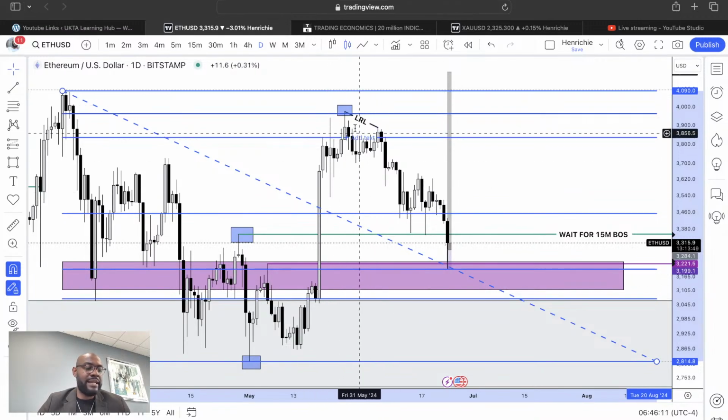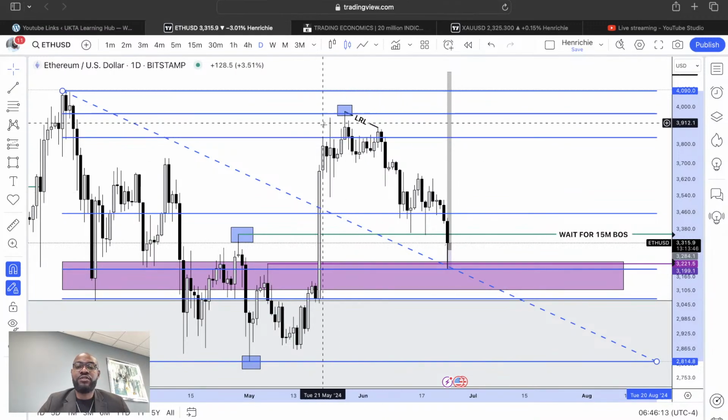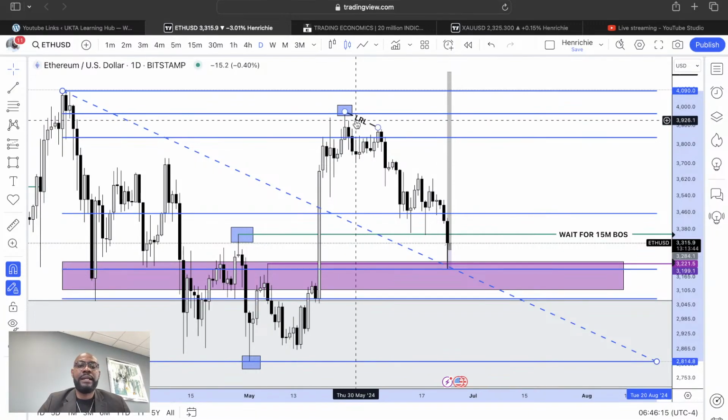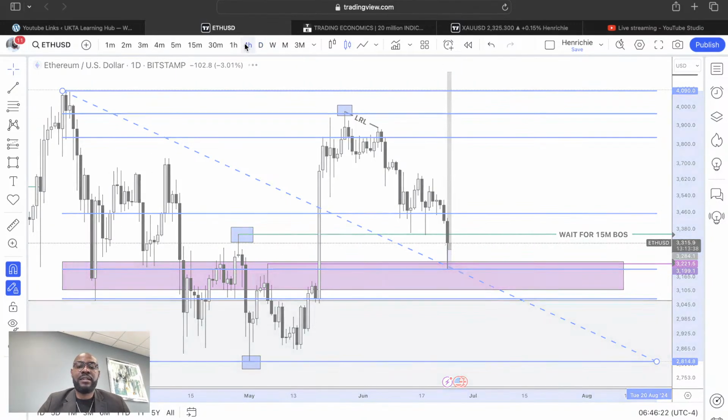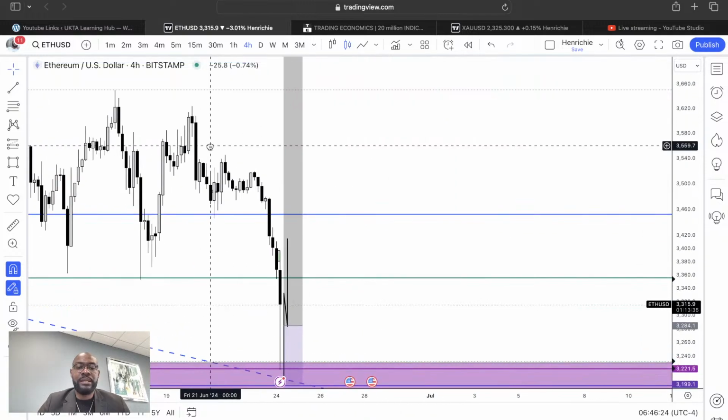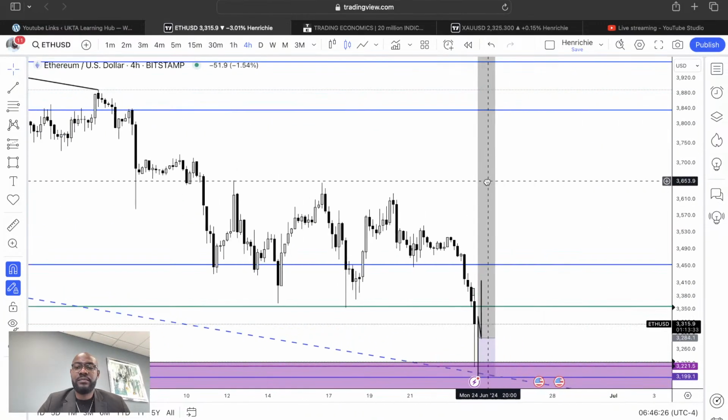Look what happened at an extreme premium. The moment price came to an extreme premium, we saw a displacement to the downside. Now we're anticipating to see whether the market is going to come into this extreme discount zone.